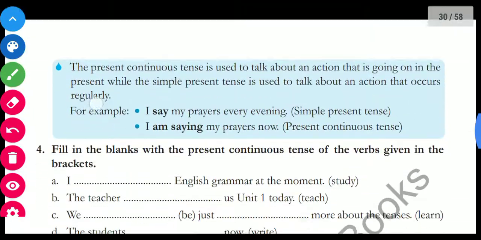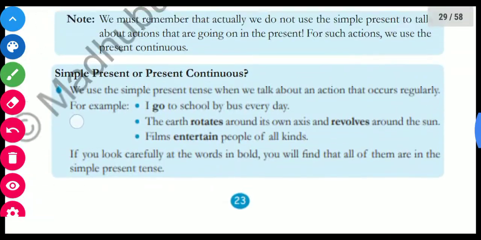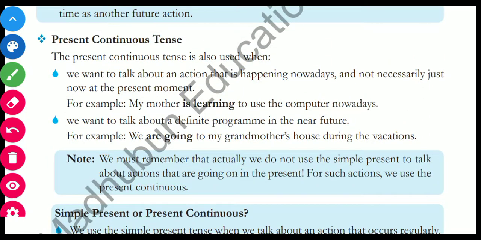See the first example: My mother is learning to use the computer nowadays. So over here I'll tell you the rule. Subject plus is, am or are plus verb in its ing form, that is learning. This is how the rule takes place.